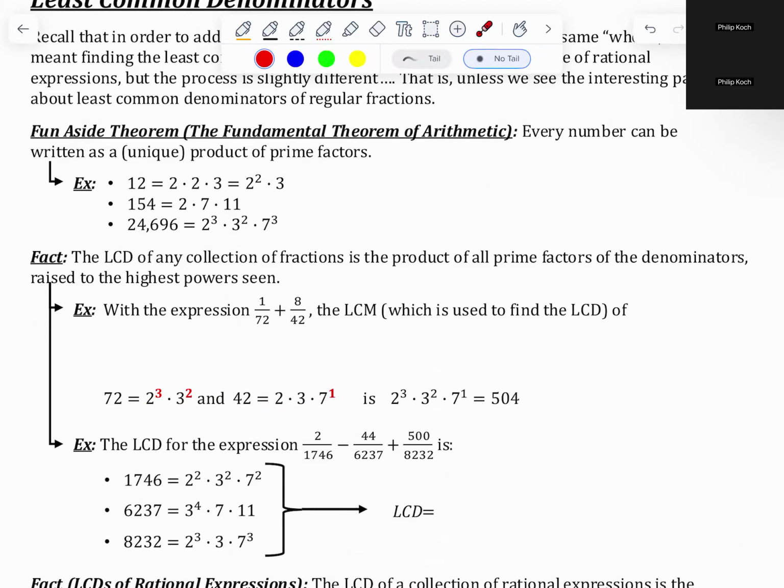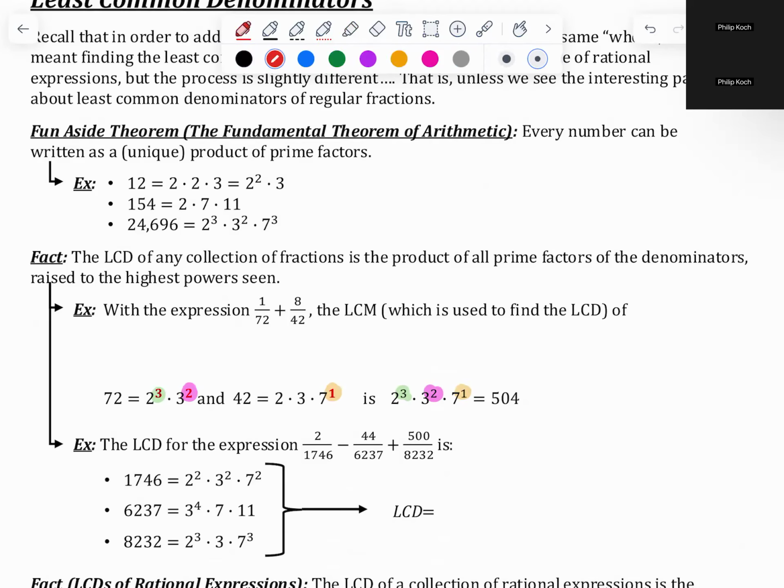So the LCD would be 2 to the third power, the highest power of 3 present is 3 squared, and the highest power of 7 present is the first power. If you multiply those out, you will find that the LCD of 72 and 42 is 504.